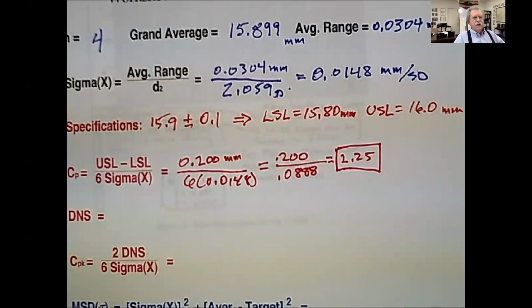So they've got a capability index of 2.25. The specs are twice as wide. The space available is 225% of the space required by this process. That sounds pretty good, doesn't it?